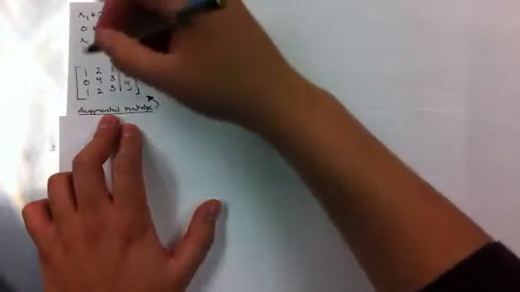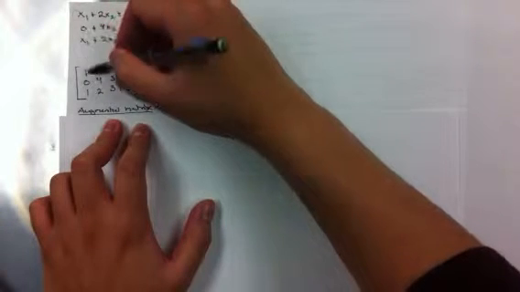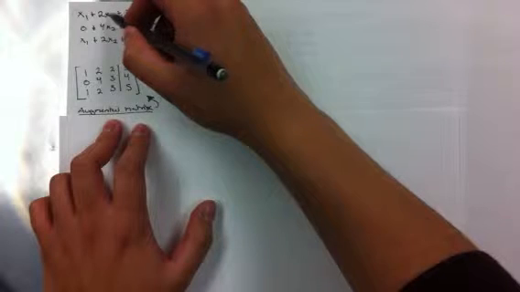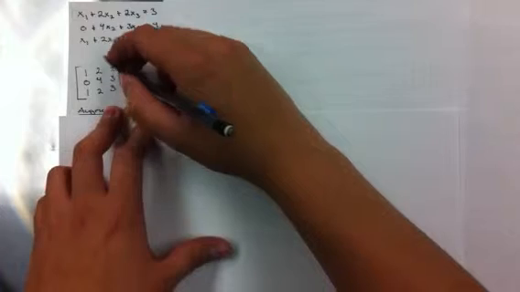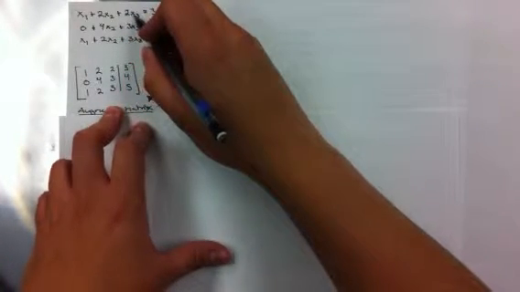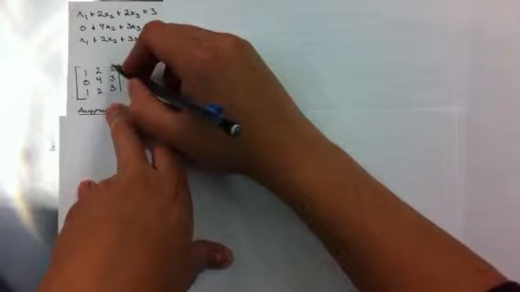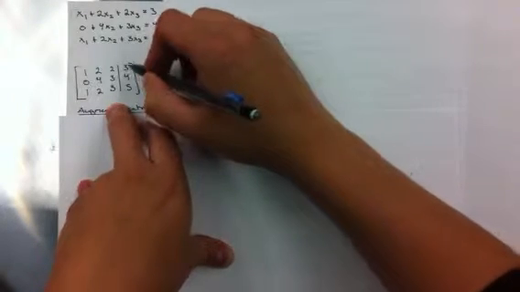We looked at the coefficients of the x1s, the x2s, and x3s, and then the answers, and placed them into a matrix where the 1 in x1 goes here, the 2 in x2 goes in the second place of the first row, and the 2 in x3 goes in the third position in the first row, and the answers are always in the last column.